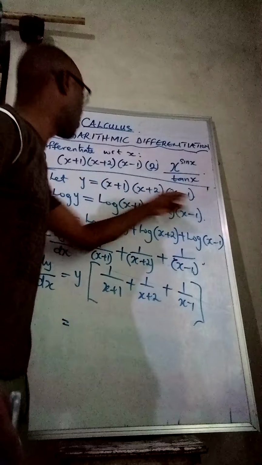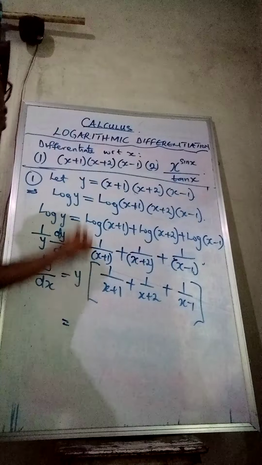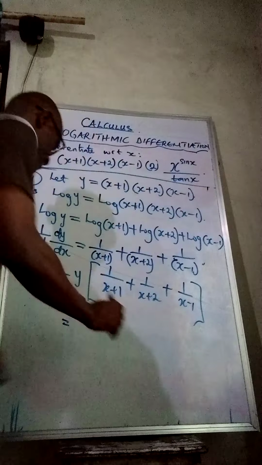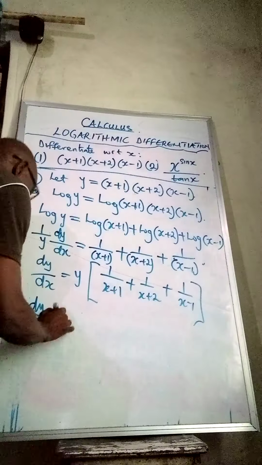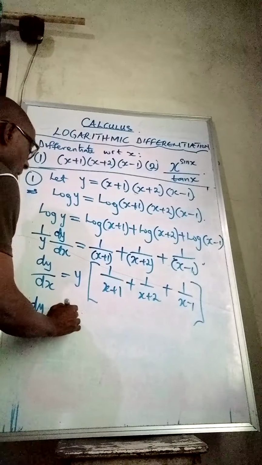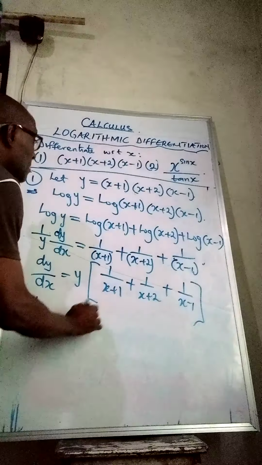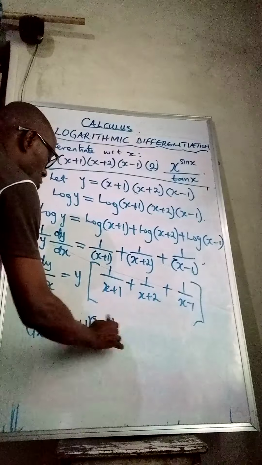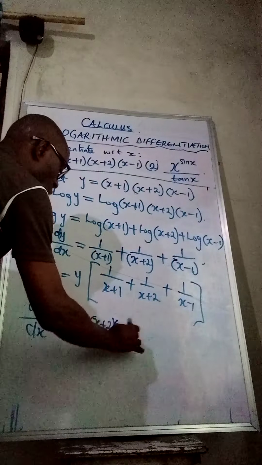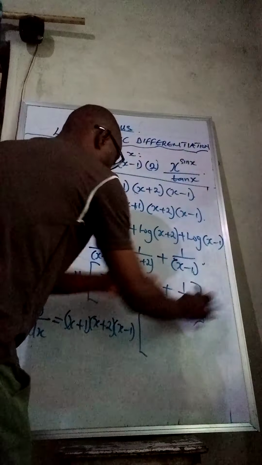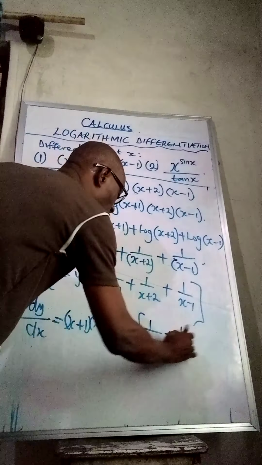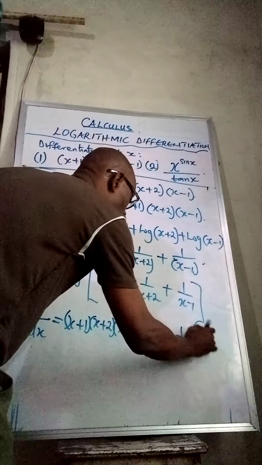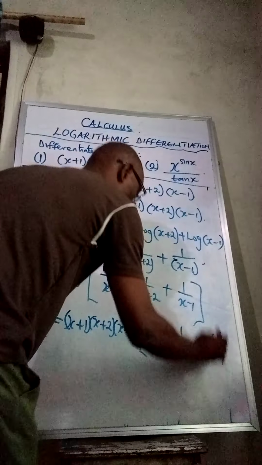The whole of this will be used to replace y, because y equals the whole of this. So we now have dy/dx equals (x plus 1)(x plus 2)(x minus 1), then open bracket, 1 over x plus 1 plus 1 over x plus 2 plus 1 over x minus 1.